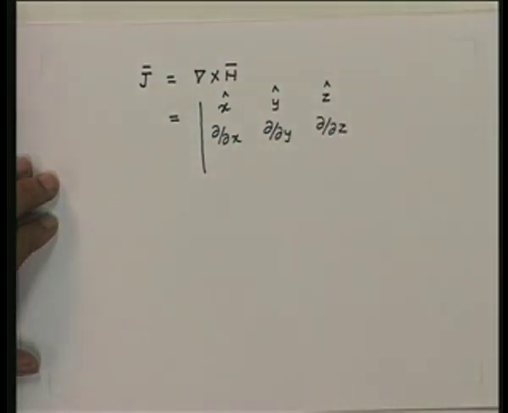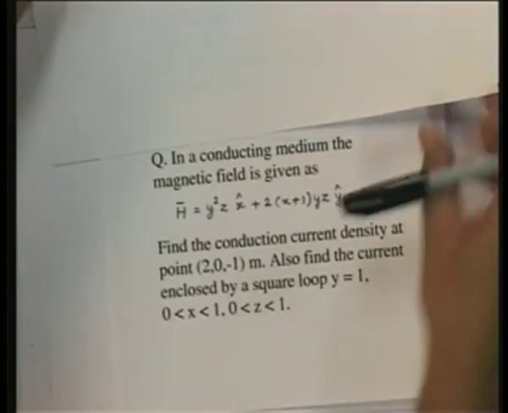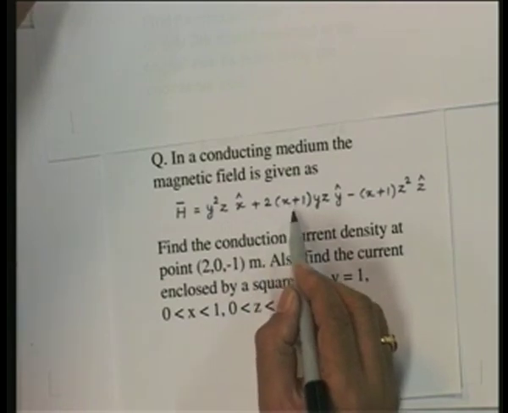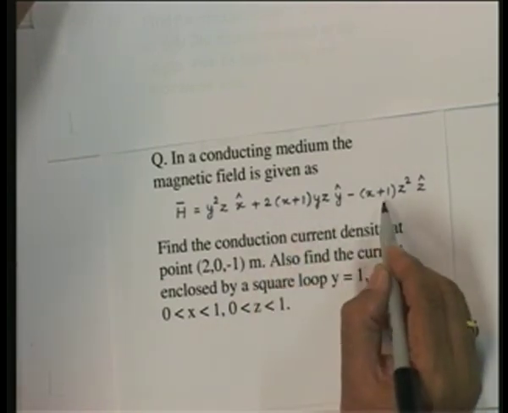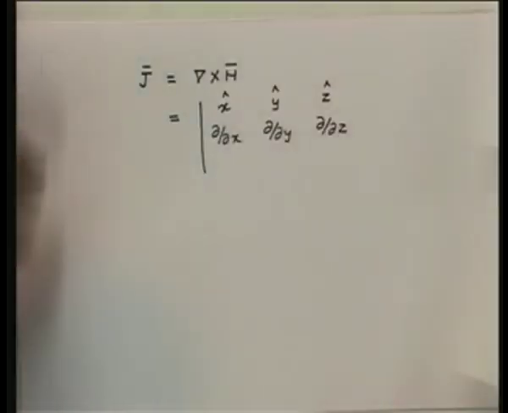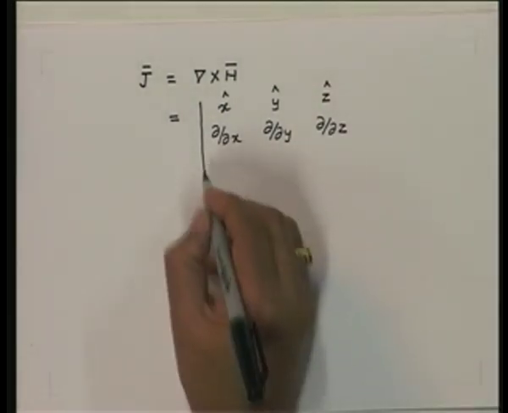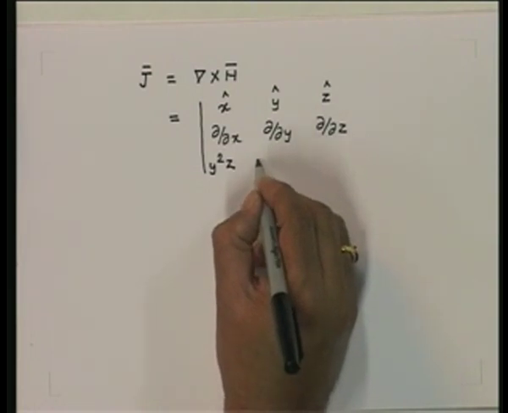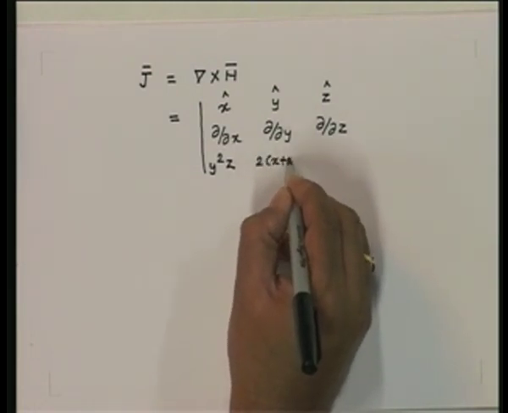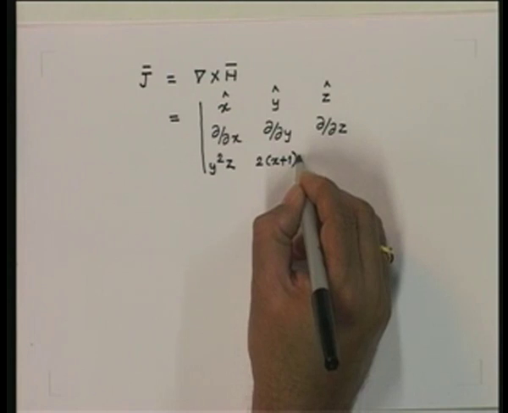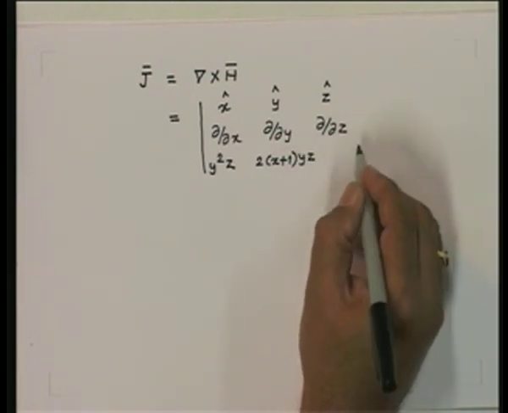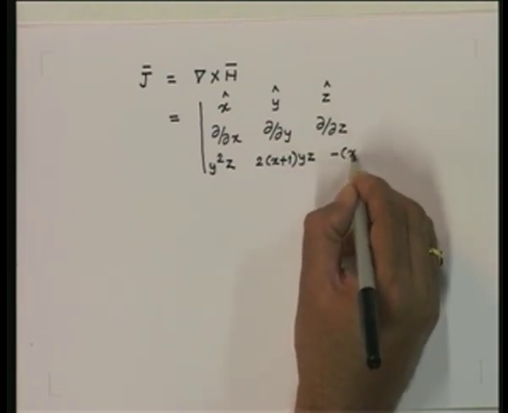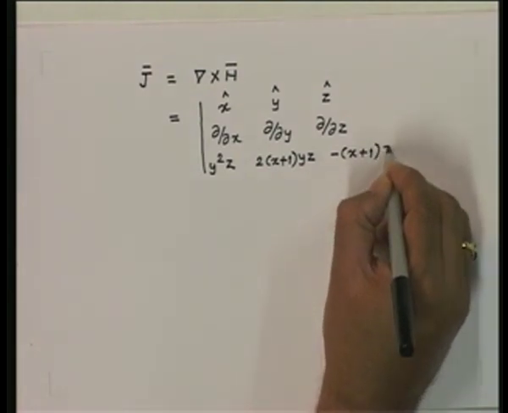And if I write down now the components of the magnetic field which are given here, which is y square z, 2 into (x plus 1) y z, minus (x plus 1) z square.